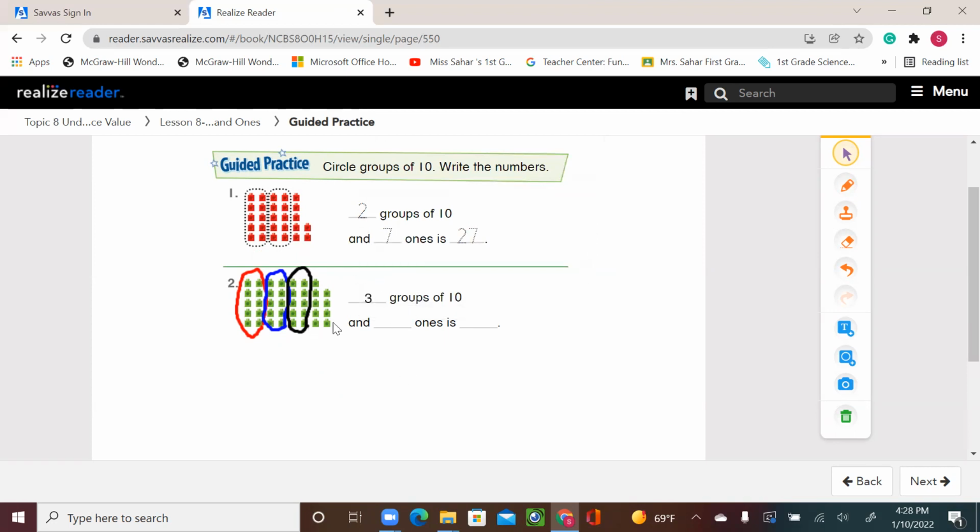And how many leftovers? We count 9. So I'm going to write 9 ones, or 9 leftovers. That is not enough to give me another group of 10. So now I have 3 10s and 9. So 10, 20, 30, and 9, 39. Awesome.